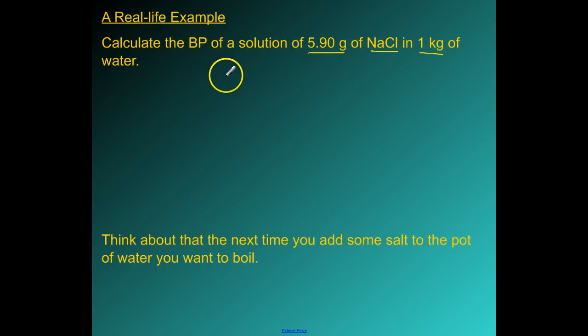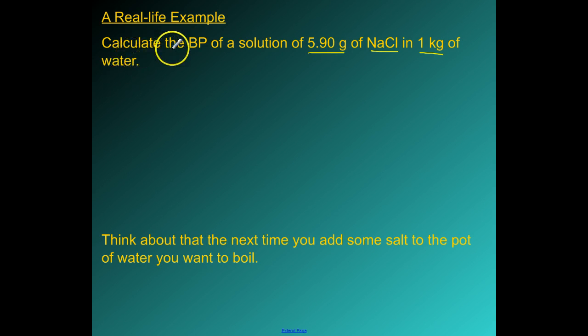You can imagine yourself at home boiling some water to make spaghetti, and you put a little salt in because you've always heard that makes the pasta cook faster. Why is that? The concept here is that if you raise the boiling point of the water, it can get to a hotter temperature, thus cooking the pasta faster. So let's see what adding 5.9 grams of sodium chloride actually does to the boiling point.